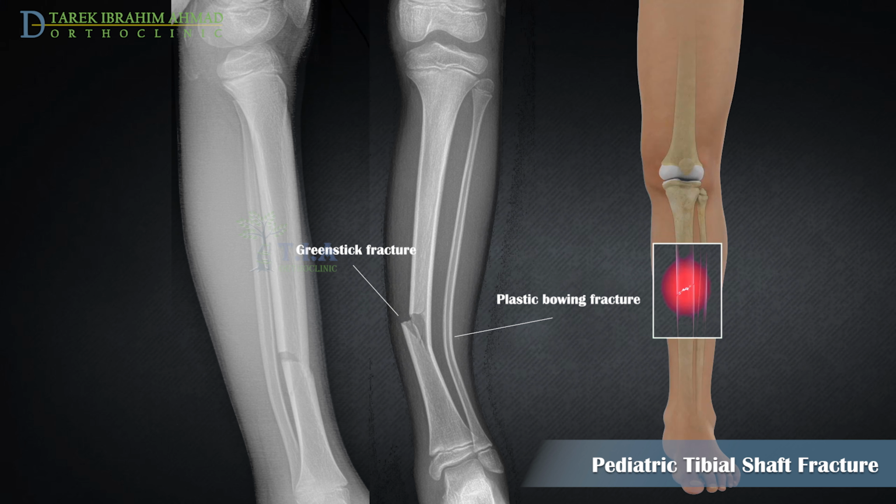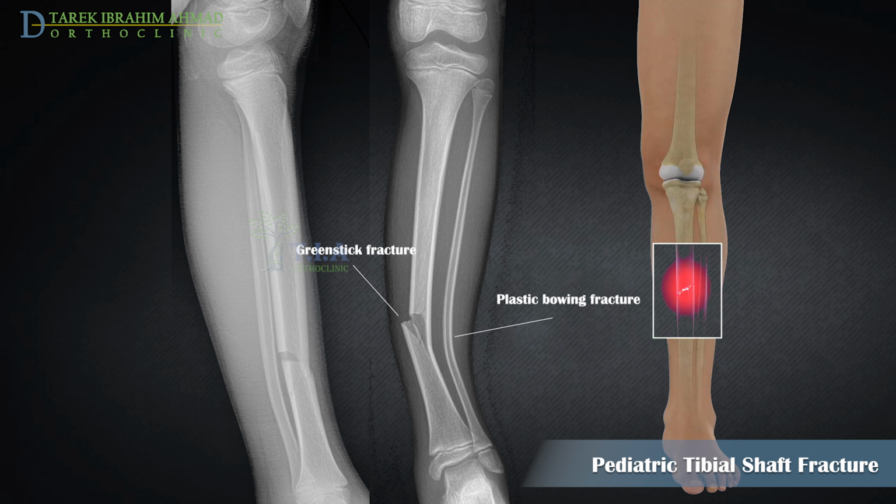Pediatric bones have a lower cortical mineral content than adult bones, allowing children's long bones a greater degree of plasticity. Thus, torus fractures and bowing deformities are injuries unique to the pediatric bone.